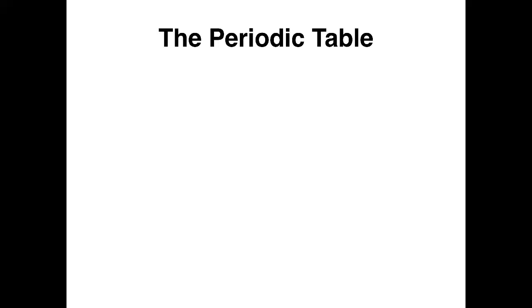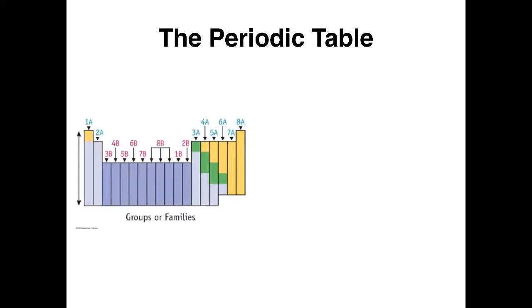So now let's look at all these various families and groups on the table itself. Here is the groups separated out.